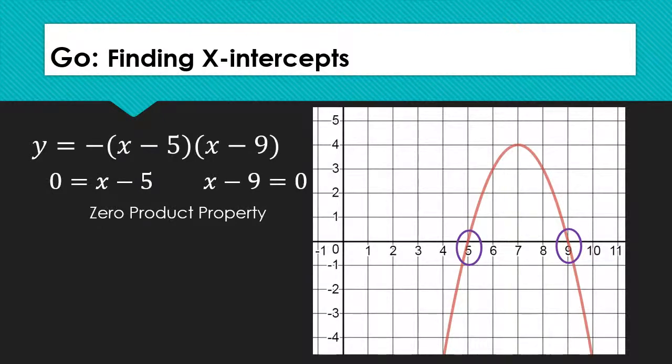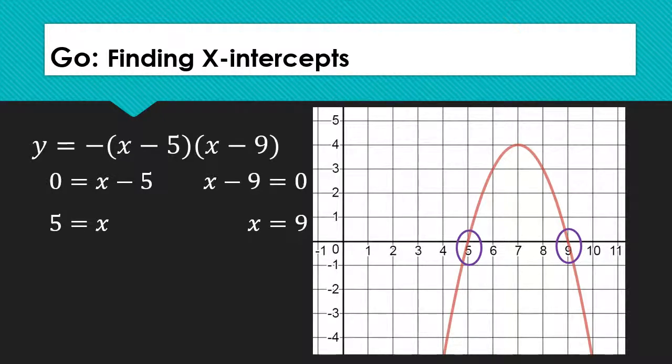We know that negative 1 is not equal to 0, which means that either one or both of the last two factors, x minus 5 and x minus 9, must equal 0. Because of this, we can set them both equal to 0 and solve for the value of x. So that's what we do, and using inverse operations, we find the values of x: 5 and 9.